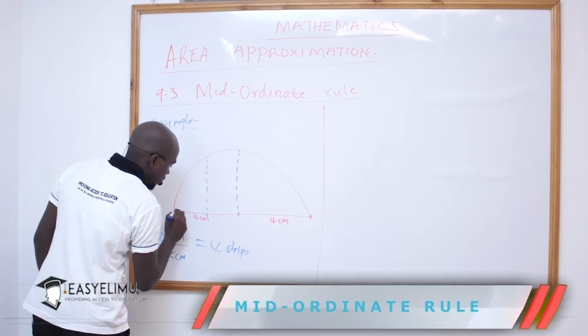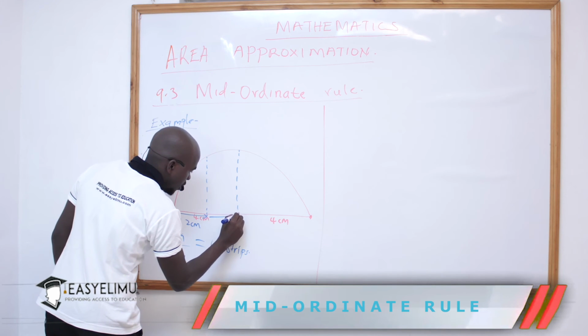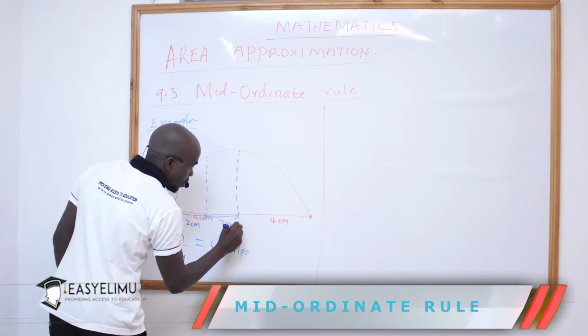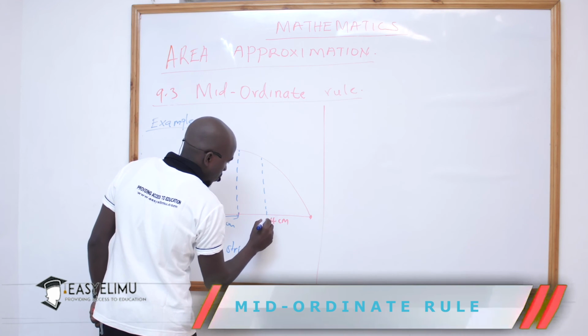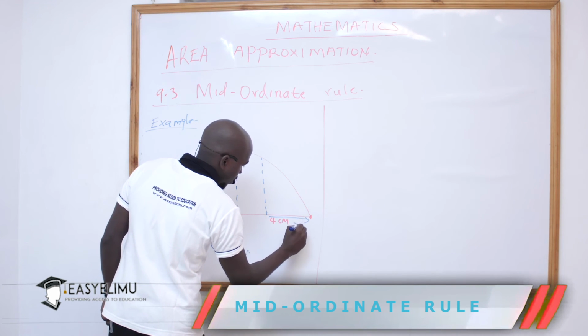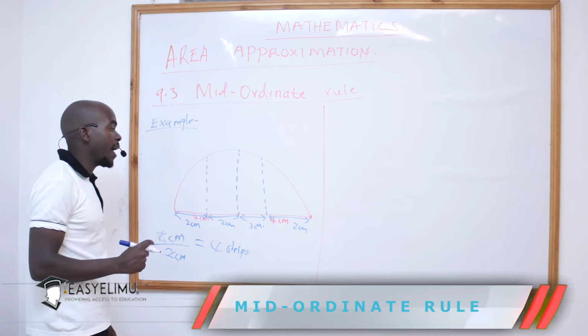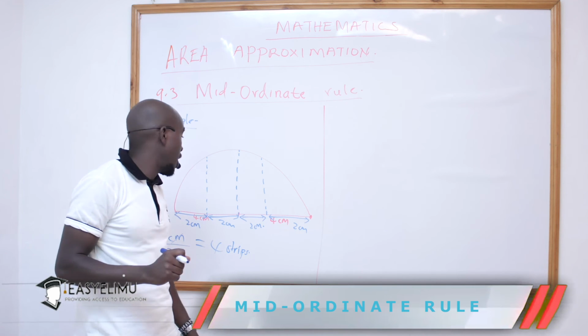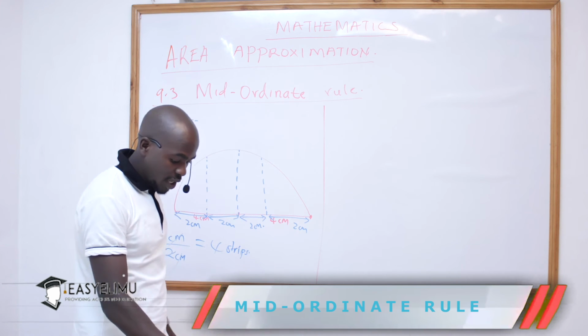This is 2 centimeters, this is 2 centimeters, and the same applies to the rest. It is not drawn to scale, but if drawn to scale, it will be well identified.